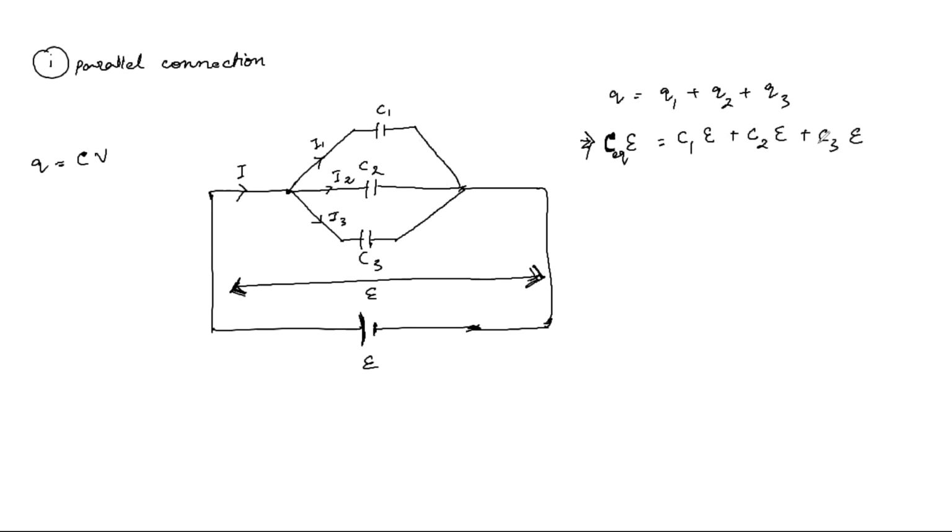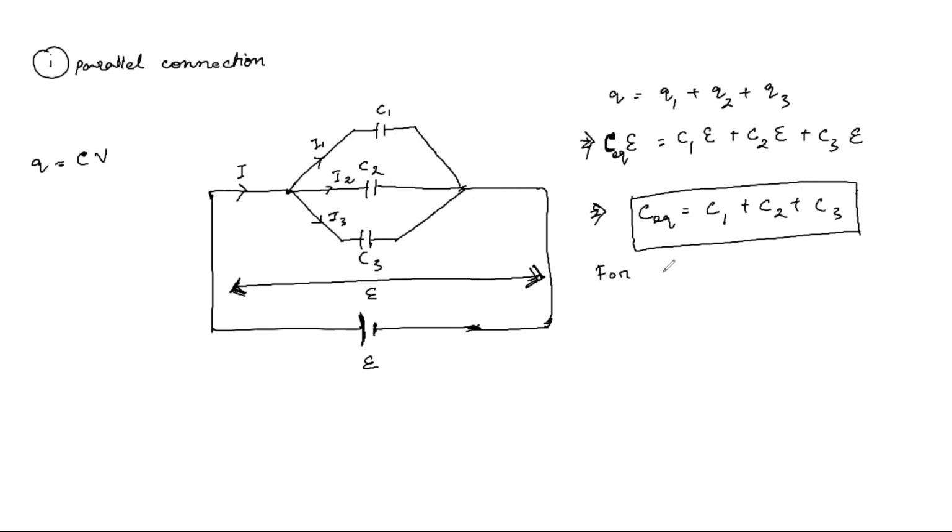These are the three capacitors, and all of them have the same EMF E. So when this EMF gets cancelled, you get the relation C equivalent equals C1 plus C2 plus C3. So this is how you find your net capacitance when various capacitors are connected in parallel.